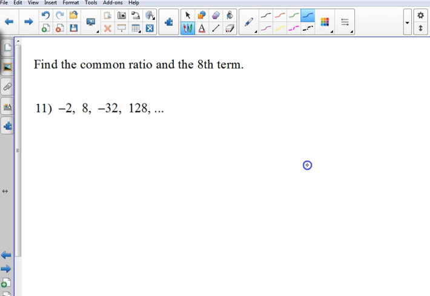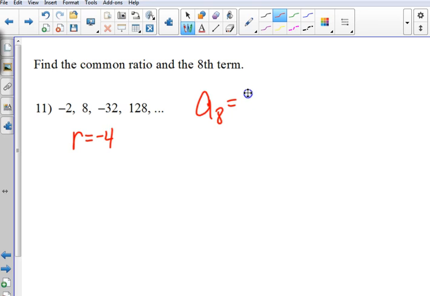Common ratio in the 8th term. R is -4. Anybody confused about that? Okay. How do we find the 8th term?